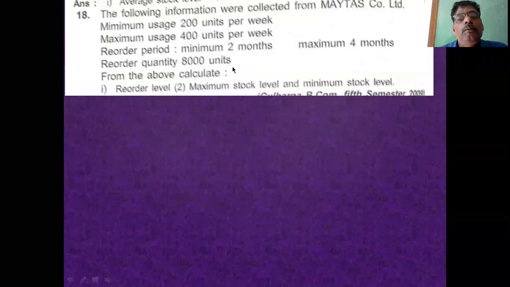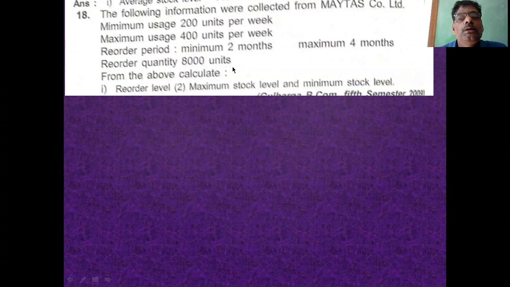On an average, there are 52 weeks in a year, and on an average, there are 4 weeks in a month. So 2 months is nothing but 8 weeks. You have to take it as 8 weeks.